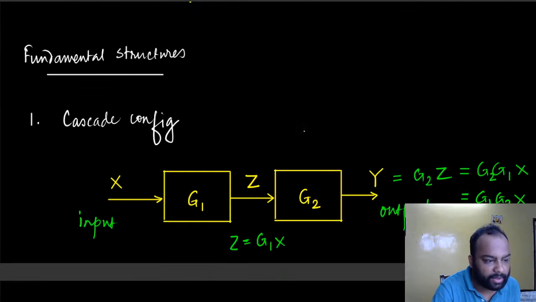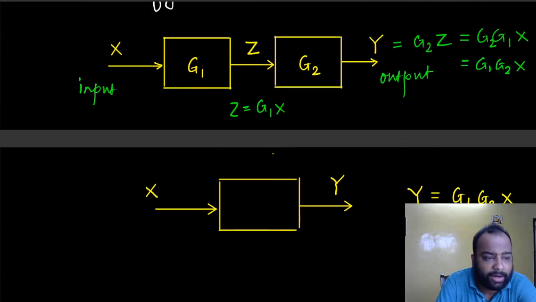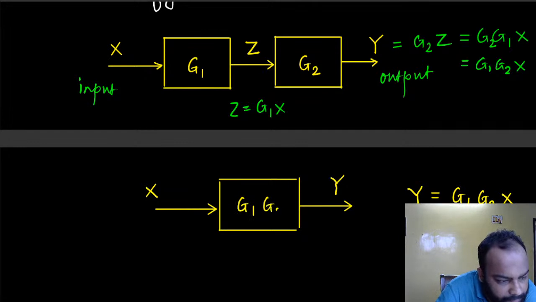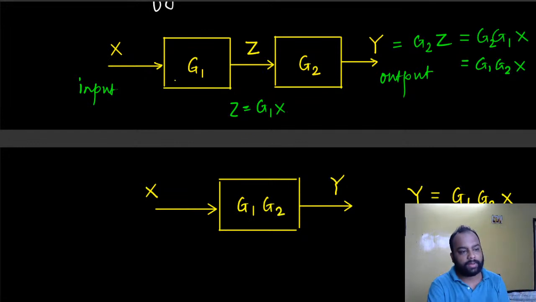All right. So in the cascade configuration, can I say something like this? So this and these two are equivalent. Why?